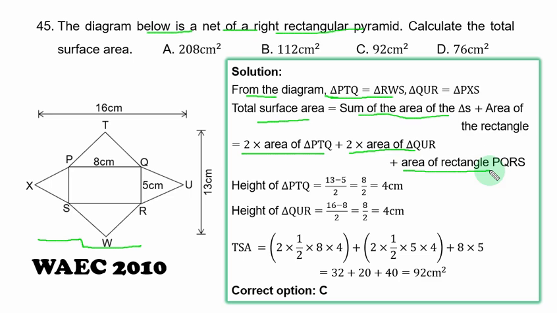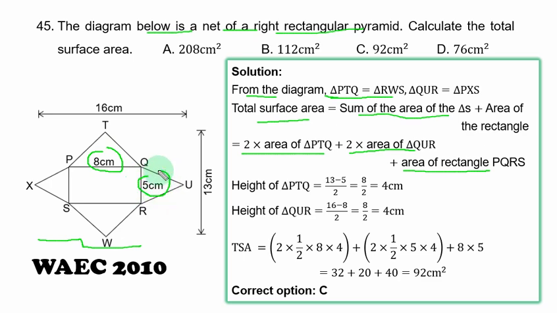PQROS. Area of a triangle is half times base times height. Considering triangle PTQ, the base is 8. The height is needed. From here to here is the height of the two triangles and the breadth of the rectangle.